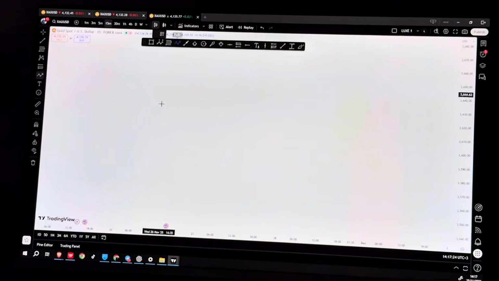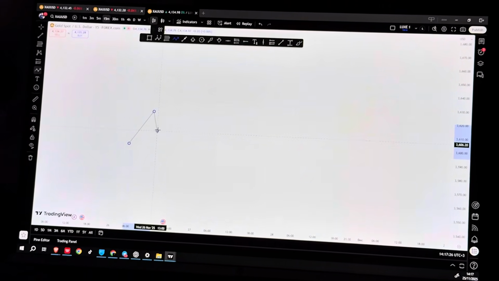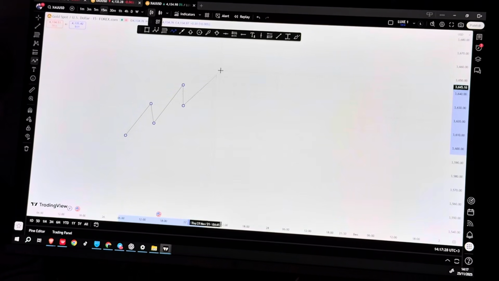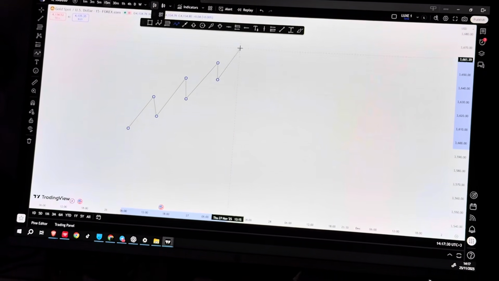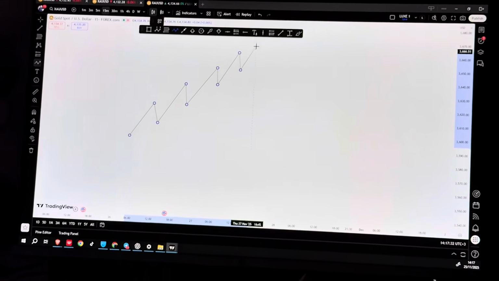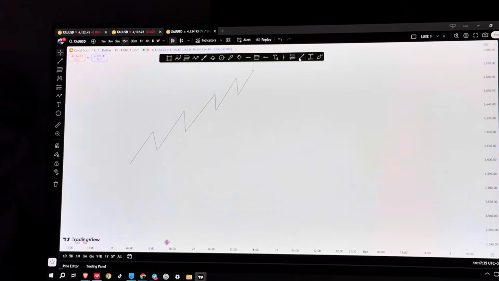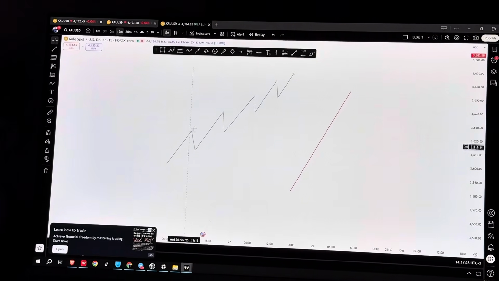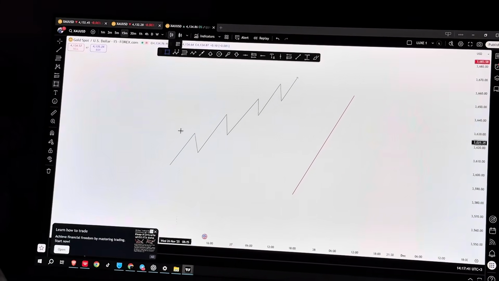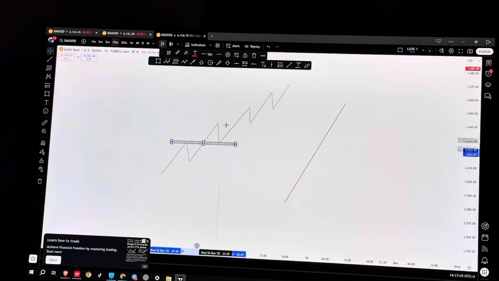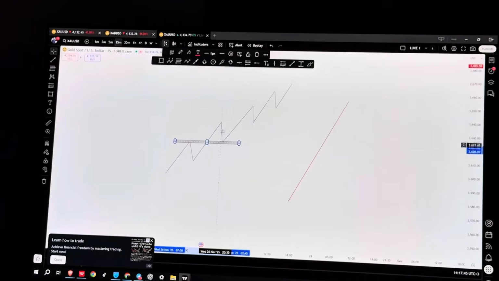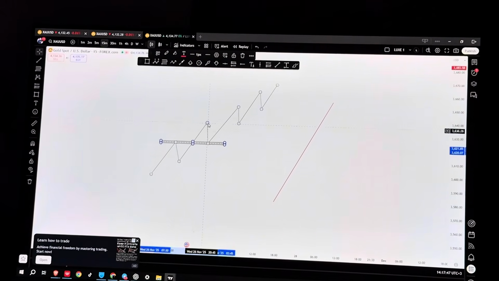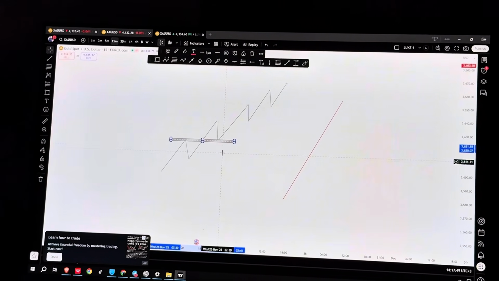If your market is bullish, it will form higher high, higher low, higher high, higher low, and so forth. Your market can't move in one direction; your market must breathe. When the market breathes, at this point, it forms something like a retest.